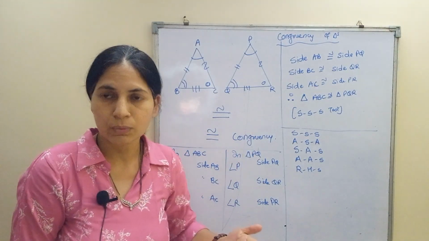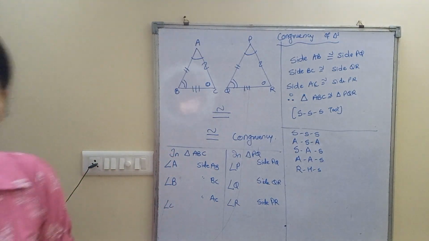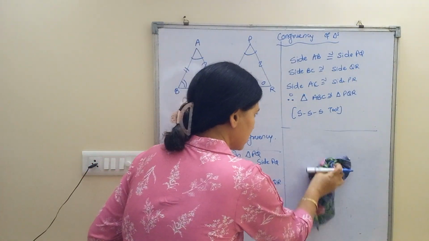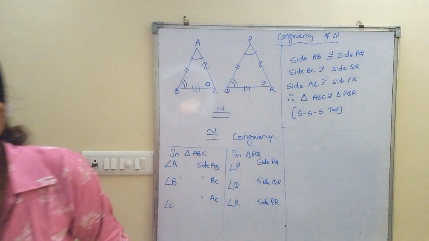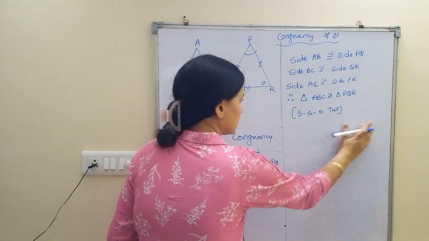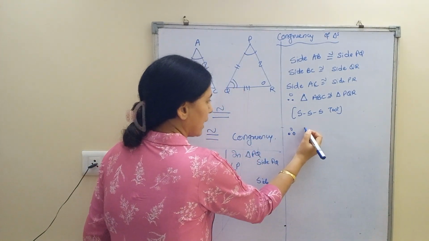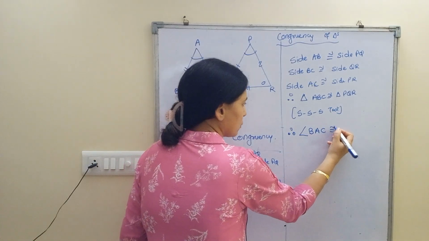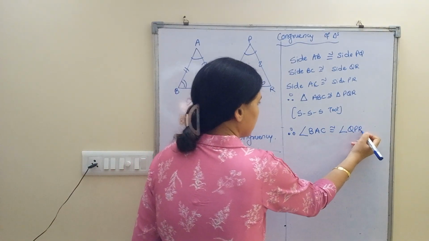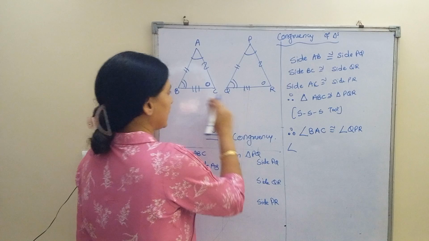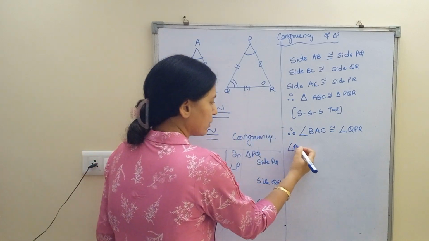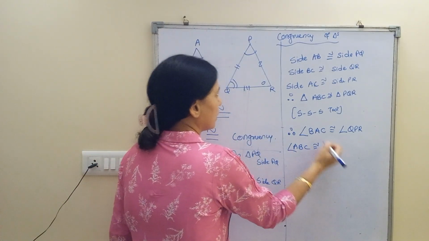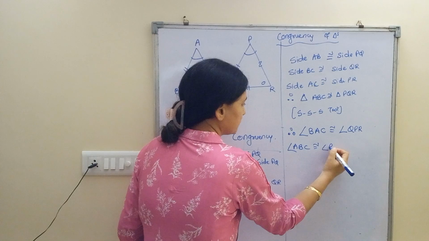How will you write them out? Therefore, angle A, instead of A I will write BAC is congruent to angle QPR. Instead of angle B, I will write ABC is congruent to angle PQR.